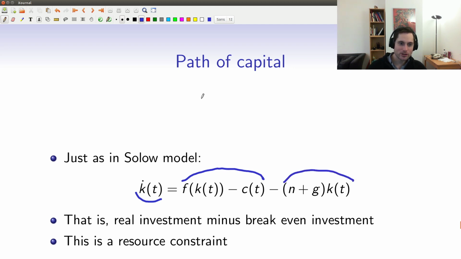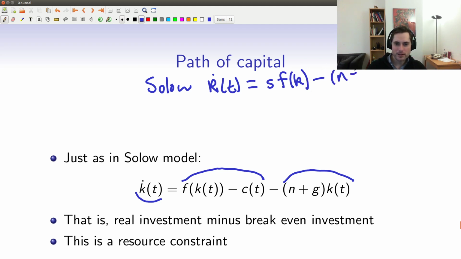Previously we wrote this: little k of t dot is equal to s f of k minus n plus g plus delta times little k. You recall this equation? Well, here we've taken away delta just to have one less thing to talk about, although adding depreciation of capital wouldn't change anything. So now we only have n plus g.